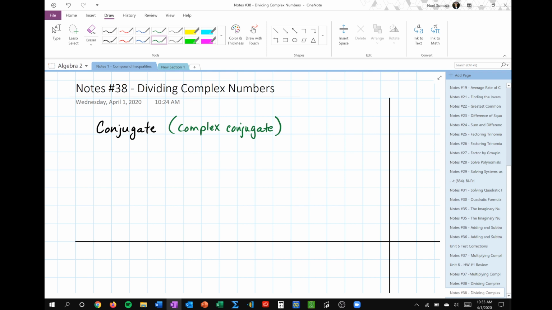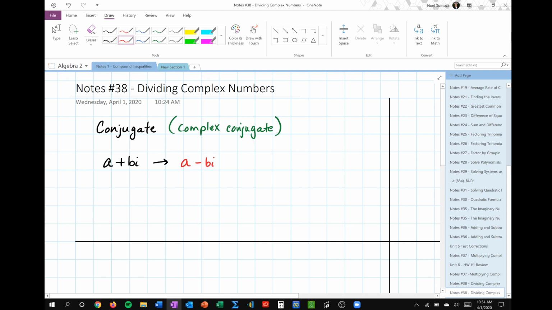All right. So what is a conjugate? The simplest way to think of it is, if you have a complex number written in the form a plus bi, then the conjugate is achieved by negating the imaginary part. So a plus bi becomes a minus bi.